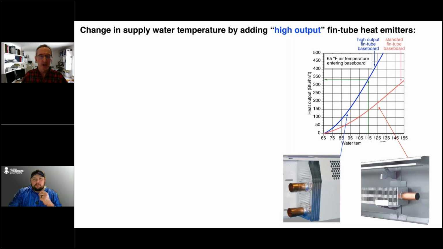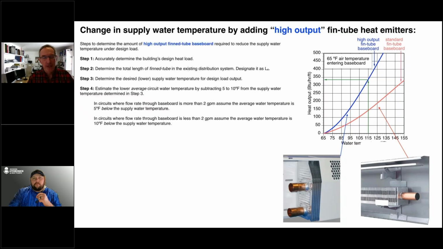They're simply putting a much more effective heat exchanger inside a nominal enclosure that's about the same size as standard baseboard. The graph up at the top shows you it's quite a difference in output, roughly twice the output, because of the greater area of the fins and the tubing as well.